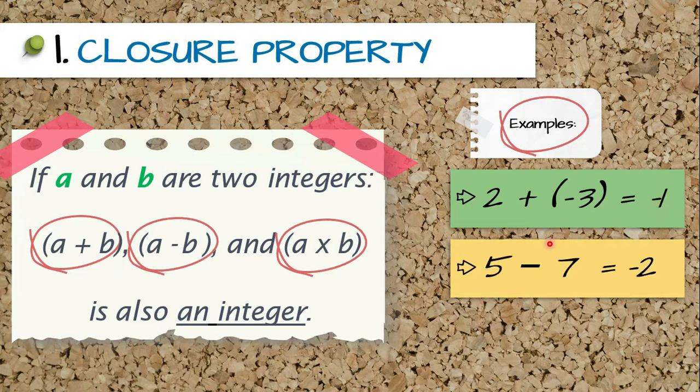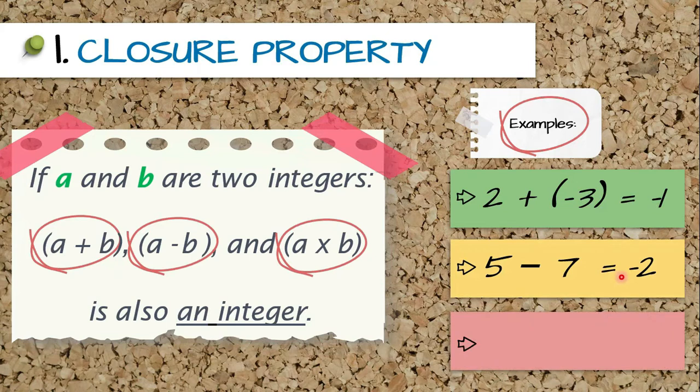Number 2, 5 minus 7 is equal to negative 2. And number 3, negative 4 times negative 5 is equal to 20. Again, meaning to say, for closure property, if you're going to add, subtract, and multiply integers, the answer is always an integer. That is closure property.